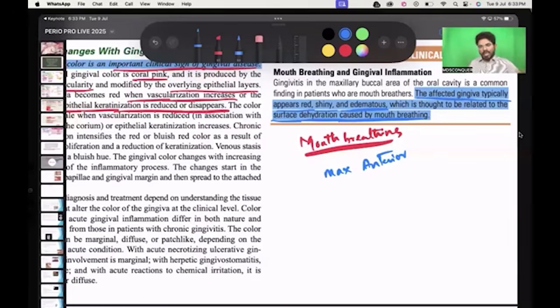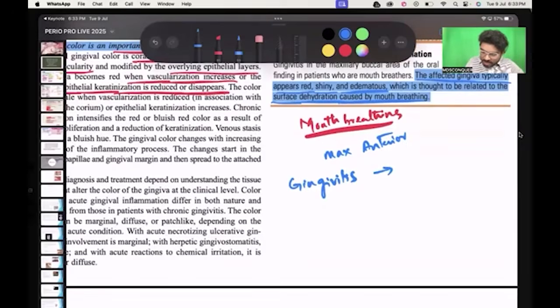When I'm talking about any sort of gingivitis, what is the etiology for gingivitis? The etiology for gingivitis is dental plaque. Etiology is always dental plaque, but other features like hormones, sometimes in the case of puberty or pregnancy, act as contributing or aggravating factors.